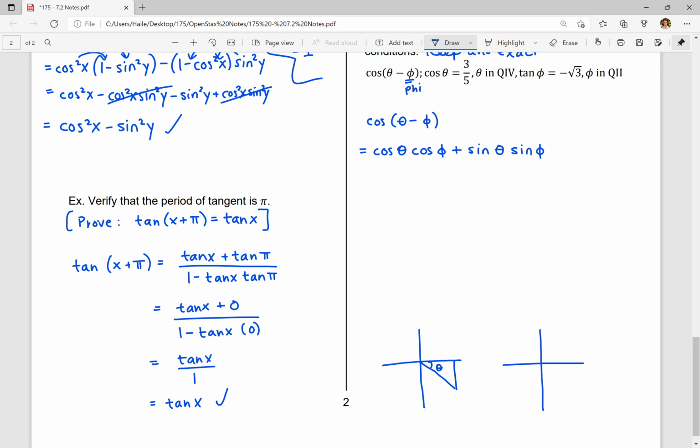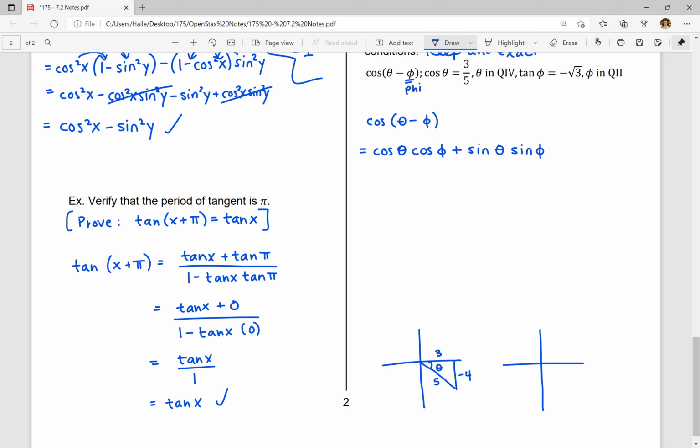Cosine is adjacent over hypotenuse, so that tells me my hypotenuse is 5, and the adjacent is 3. If we use the Pythagorean theorem, we would get that the missing side is 4, but since it's in quadrant 4, we need to make sure that we write it as negative 4. Notice how that side points downward, so that tells us it's going to be negative. All right, so we've got our triangle for theta.